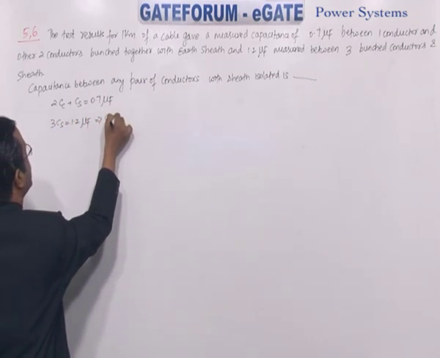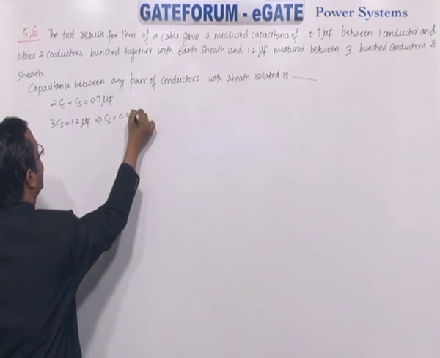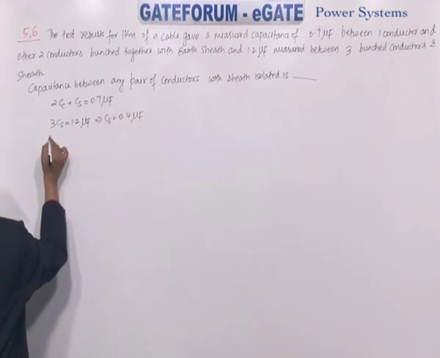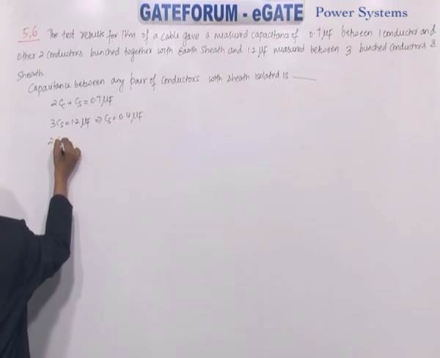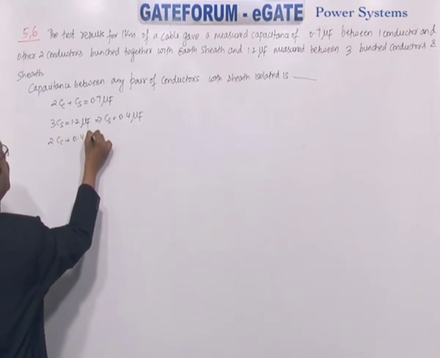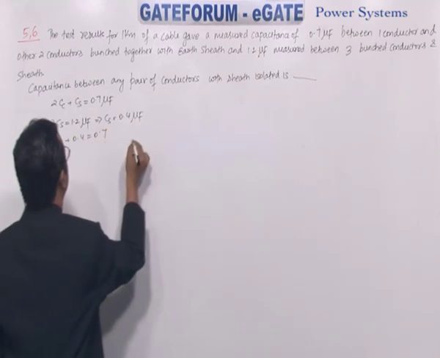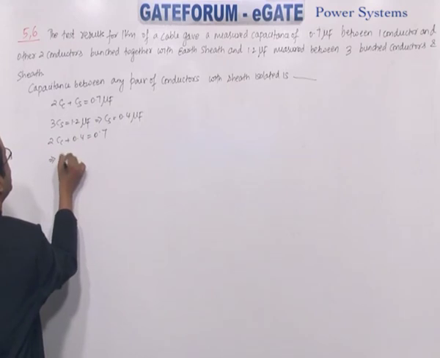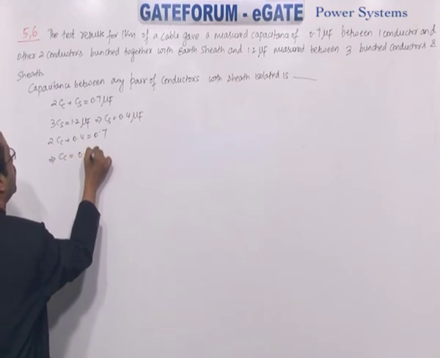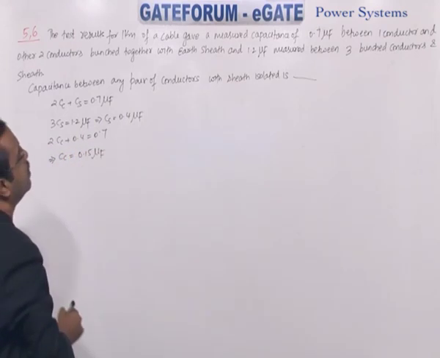So from this, what is Cs? 0.4 microfarads. So 2 Cc plus 0.4 is 0.7. From this you calculate Cc, 0.15 microfarads.